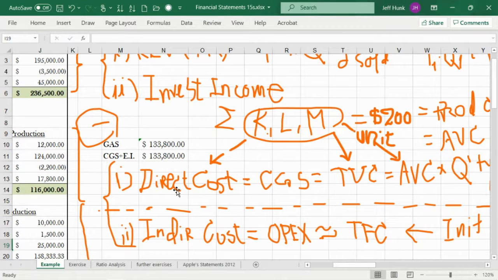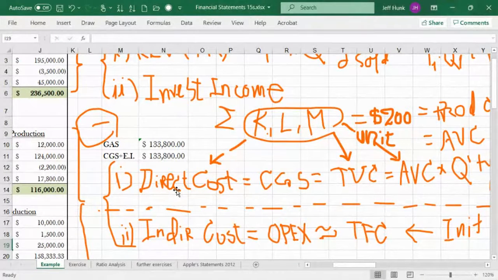And think about it. We know direct cost changes with the production level. I said we defined at the beginning that the direct cost is the cost that changes with the output level or production level, right?